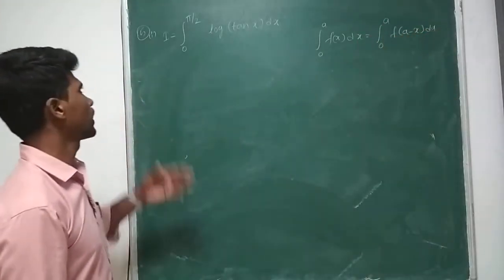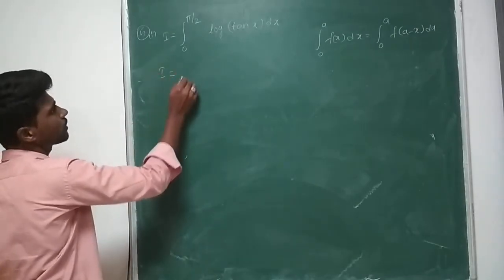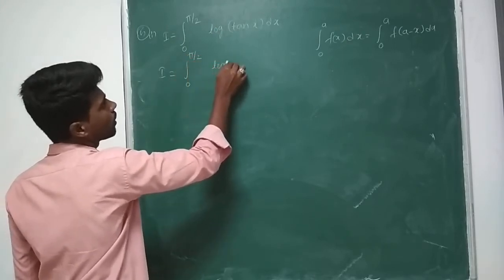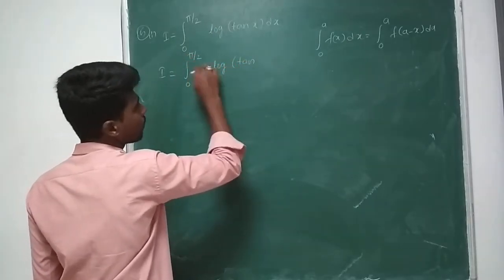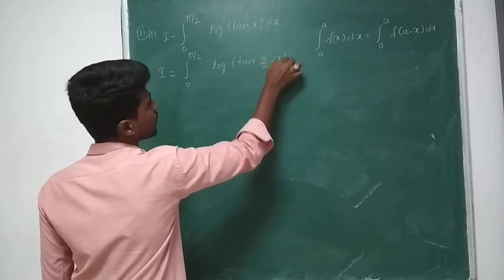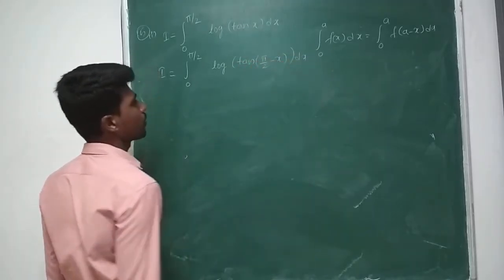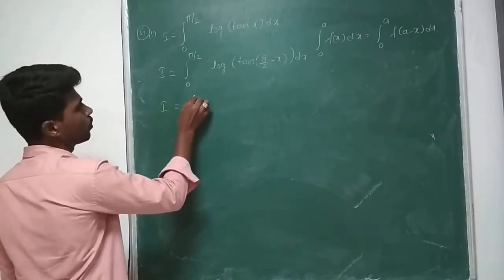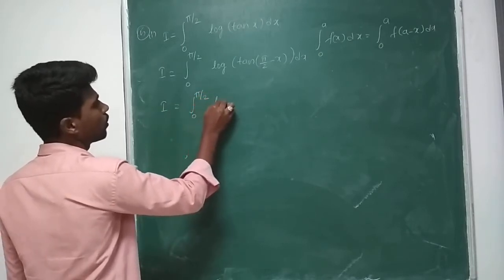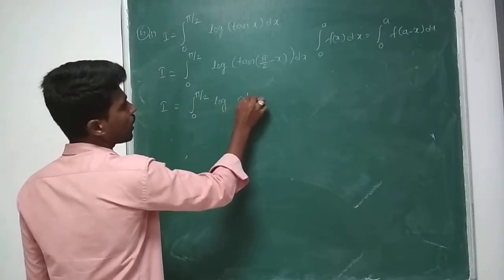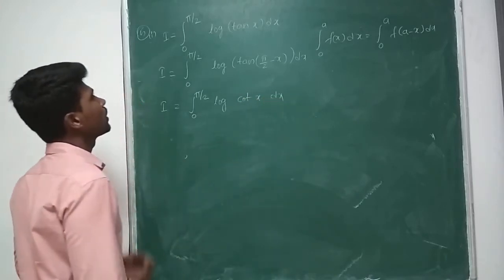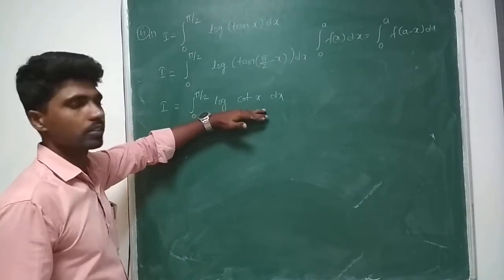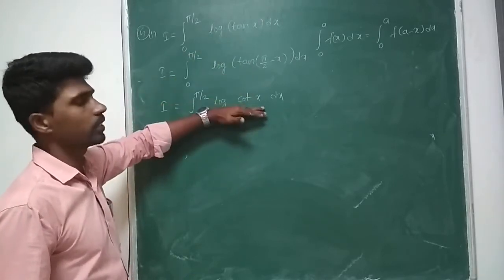With the help of this formula, I can simplify the given integral as I is equal to integral 0 to pi by 2 log tan of pi by 2 minus x dx. Tan 90 minus theta is cot theta. So I is equal to integral 0 to pi by 2 log cot x dx. The given question is in terms of tan x and I converted this in terms of cot x.